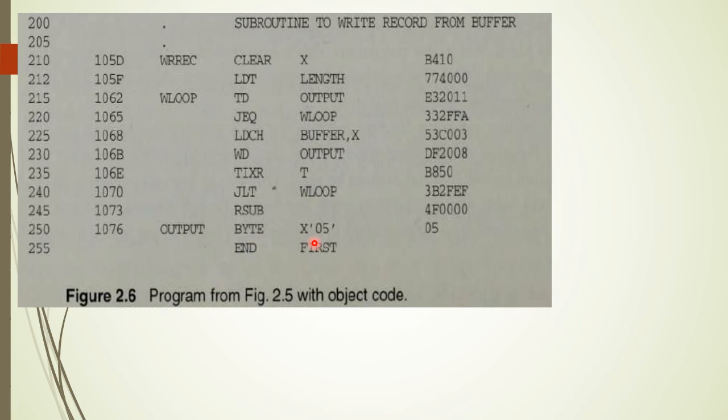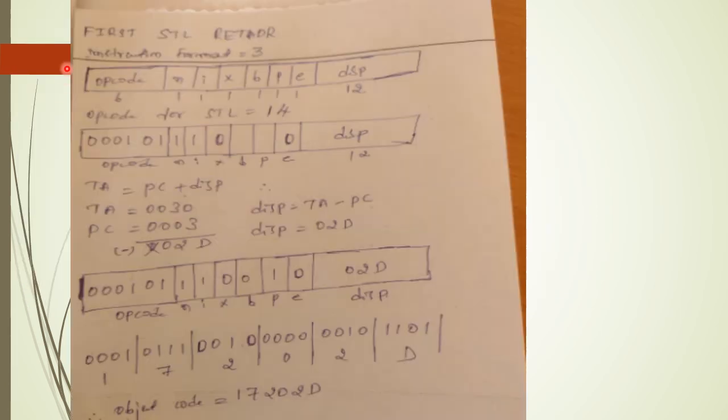So here BYTE X'05', you have to mention the hexadecimal constant here in the object code part of the instruction. In the previous slide, you studied how to calculate the length of the instruction, and how to calculate the object code for an instruction having a register as an operand.